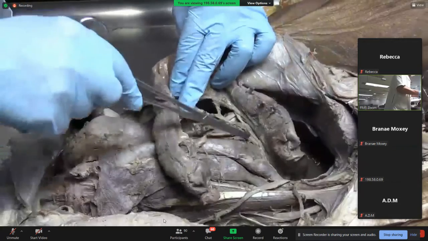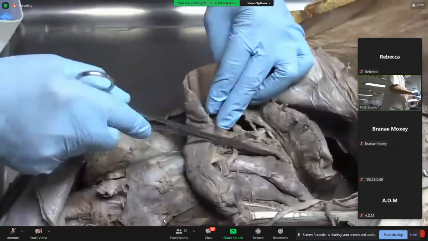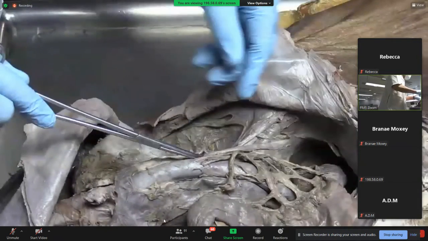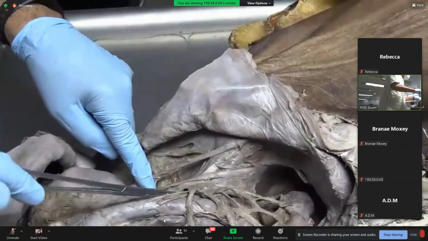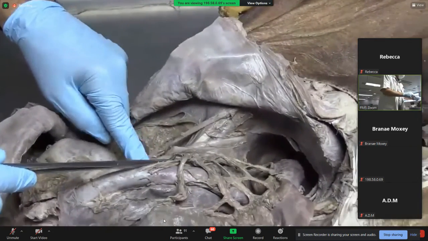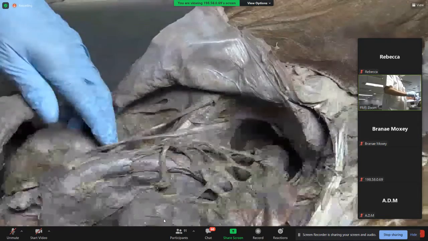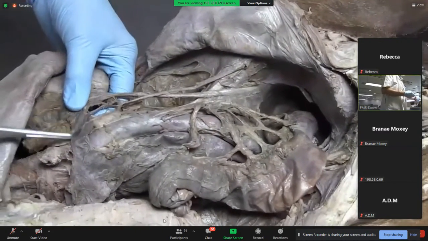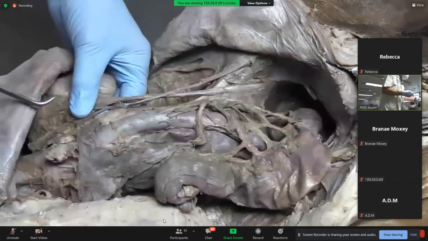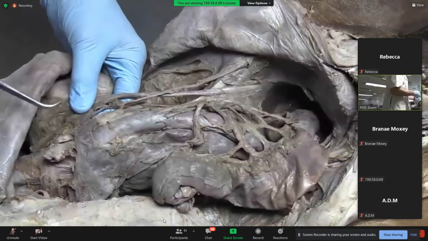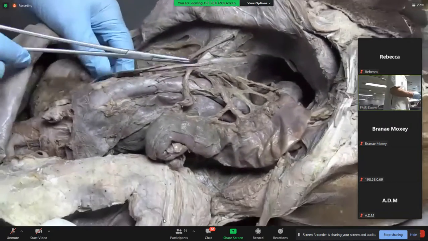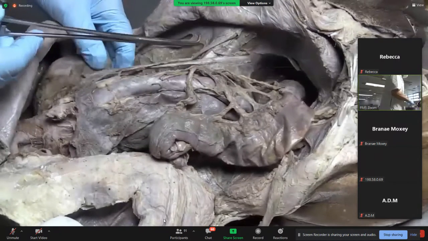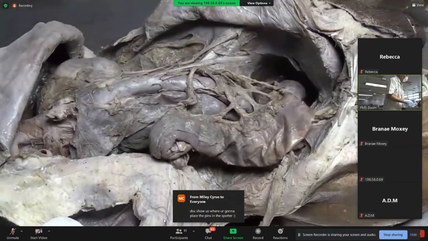So where does that inferior mesenteric vein go? Anybody knows where it drains? It drains up into the splenic vein. You should know that because you did that when you did, well, no, you haven't done liver yet. Okay, fine. So that is the inferior mesenteric vein. That drains the rectum.